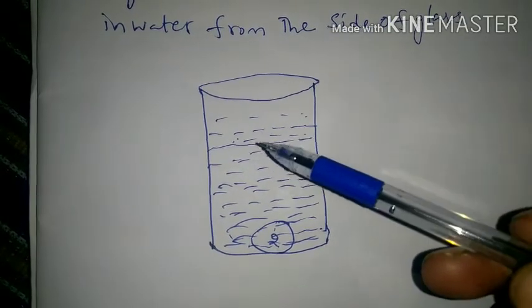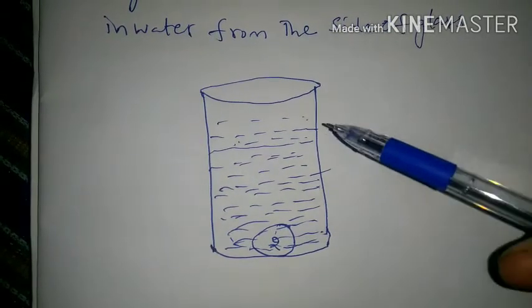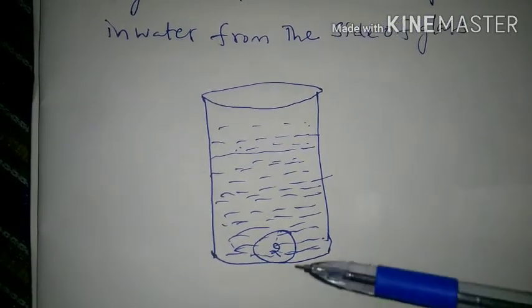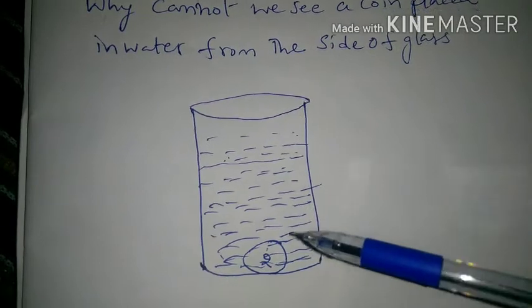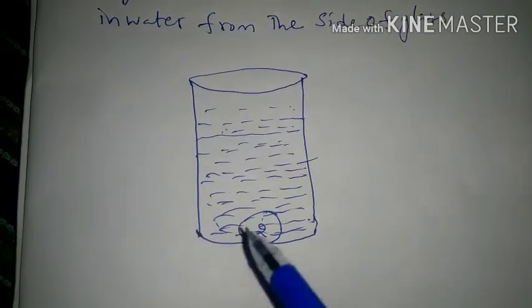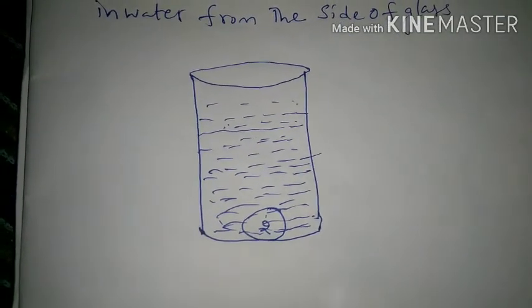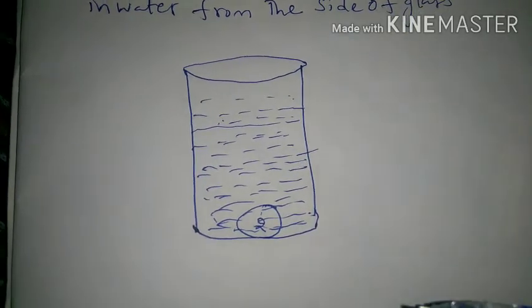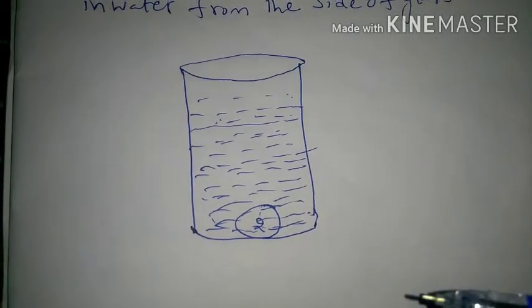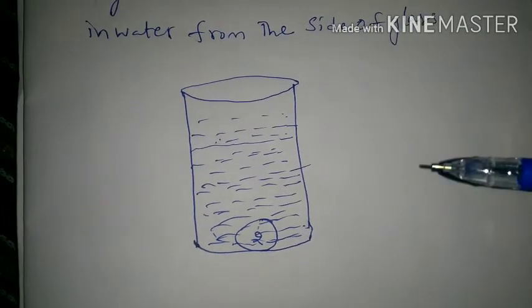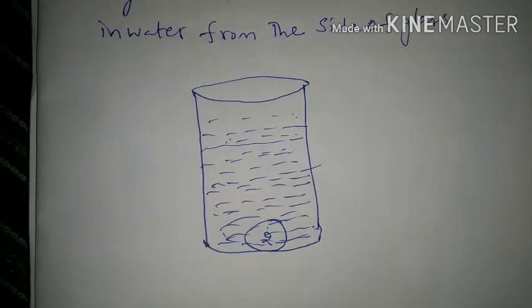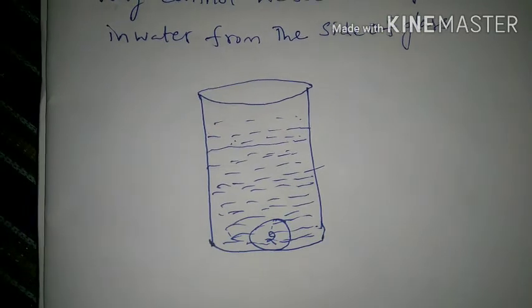Place a glass tumbler on the coin. Observe the coin from the side of the glass; you can see the coin. Now fill the glass tumbler with water and observe the coin from the side of the glass tumbler.